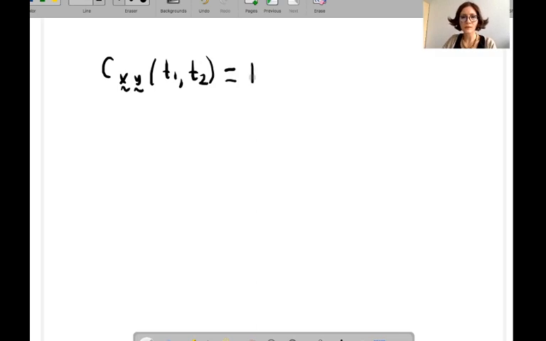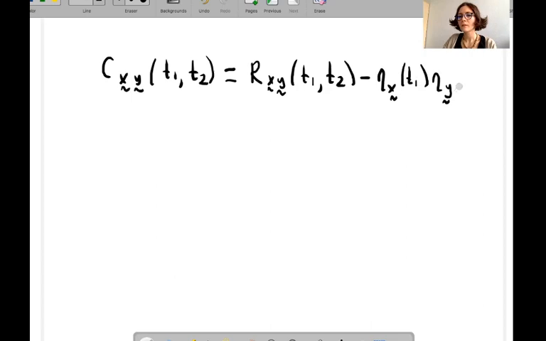We can write this in terms of the cross-correlation function Rxy(t1, t2) minus the mean functions, eta x evaluated at t1 times eta y evaluated at t2, and if they're complex, we don't forget the complex conjugate sign.